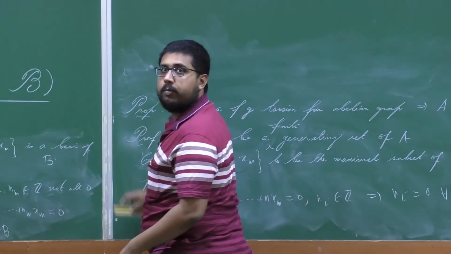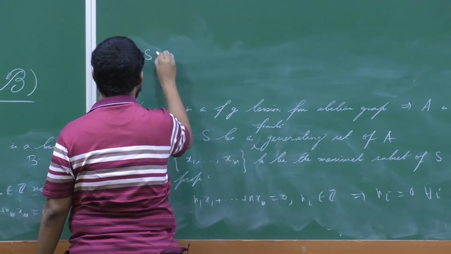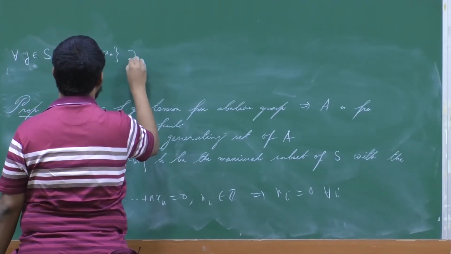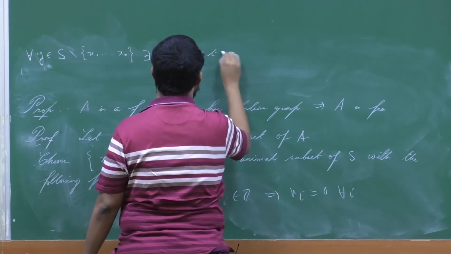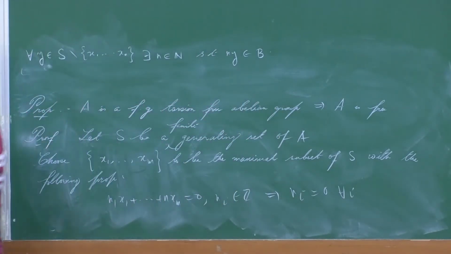The proof is almost there. For every y in S, there exists a positive integer n such that ny is in B. This is what we have observed, right?